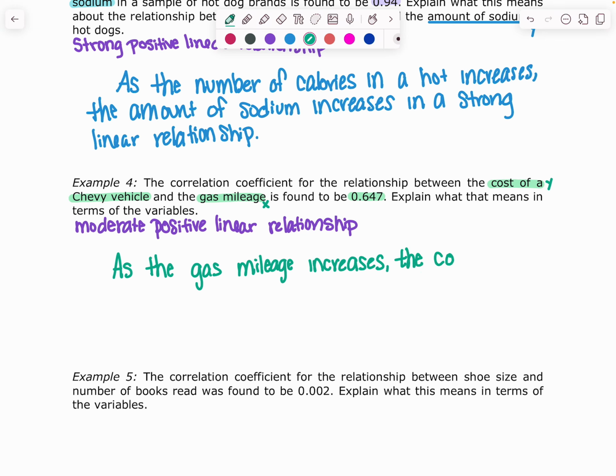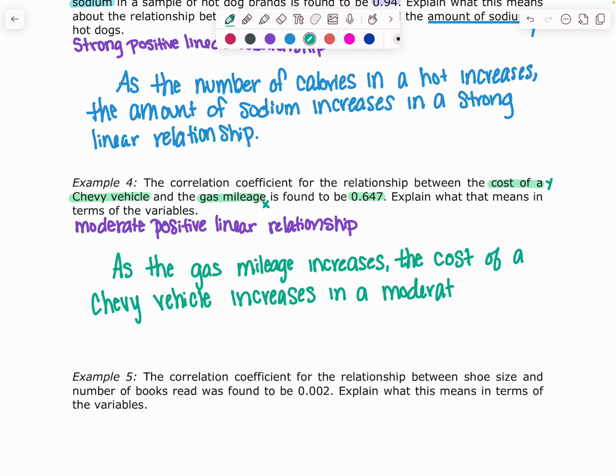The cost of a Chevy vehicle increases in a moderate linear relationship.